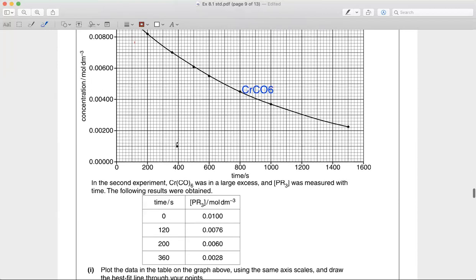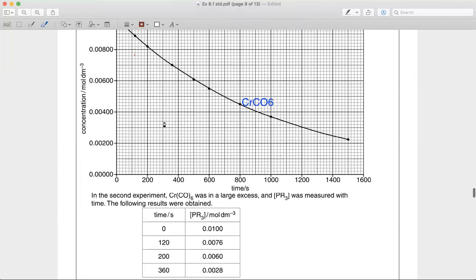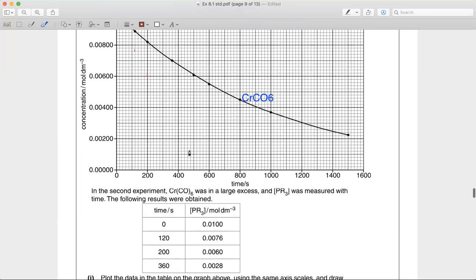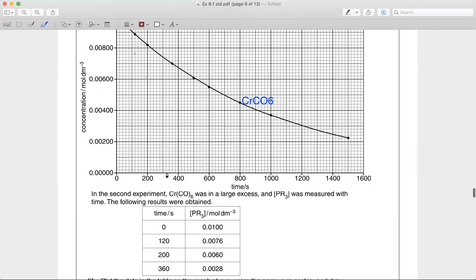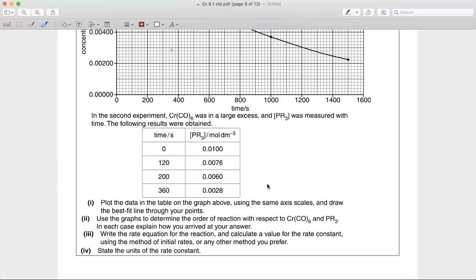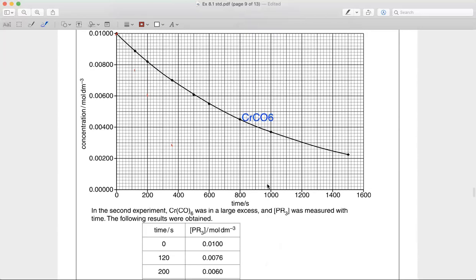Okay, and then at 200, it's there. 360, I think it's there. Okay, so I've plotted my points.